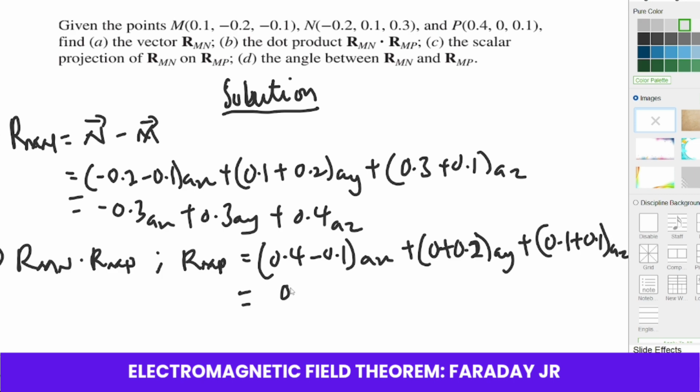So we have 0.3 AX plus 0.2 AY plus 0.2 AZ.